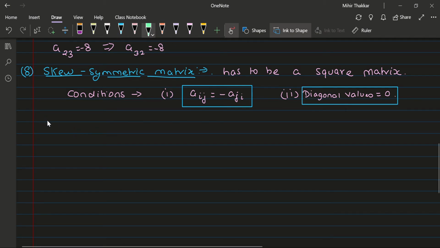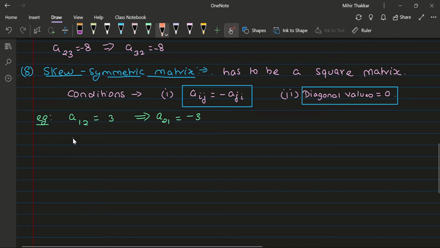Let us once again see an example, guys. If I have A12 as 3, this implies that A21 will also be equal to 3 but with a negative sign.